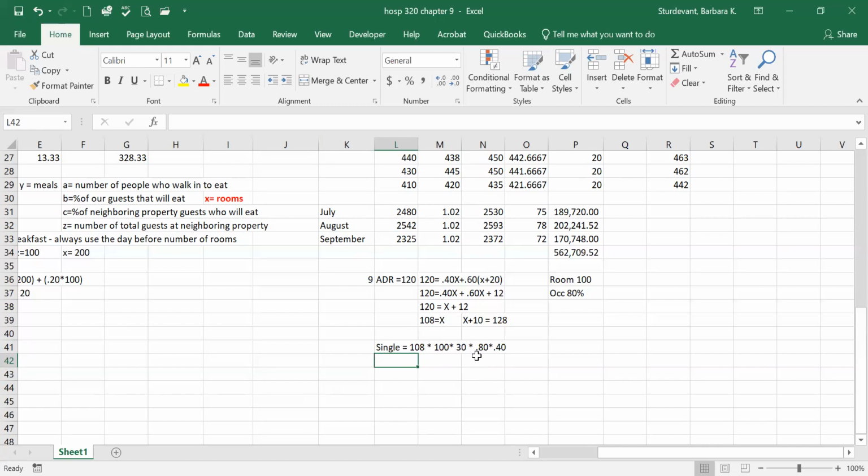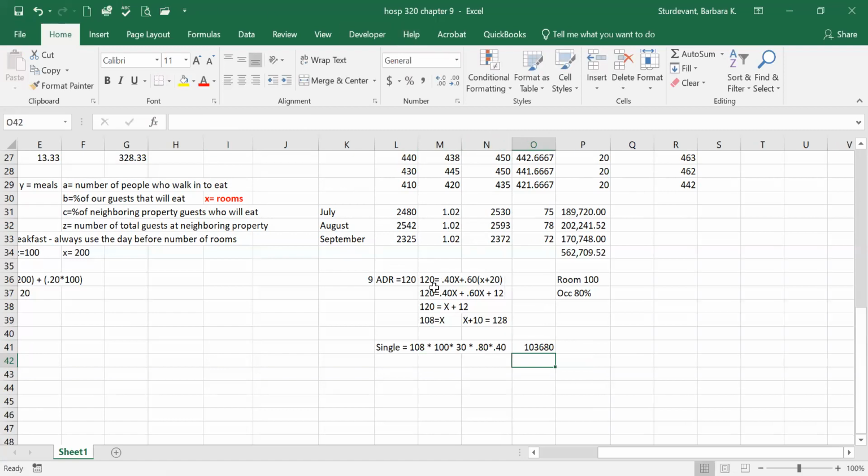And of those 80, 40% are single. So 32 rooms would be single. We would just do that. I don't know if it's going to do it or not. We'll see. That would give us our single rooms. And we basically would do the same thing for double.